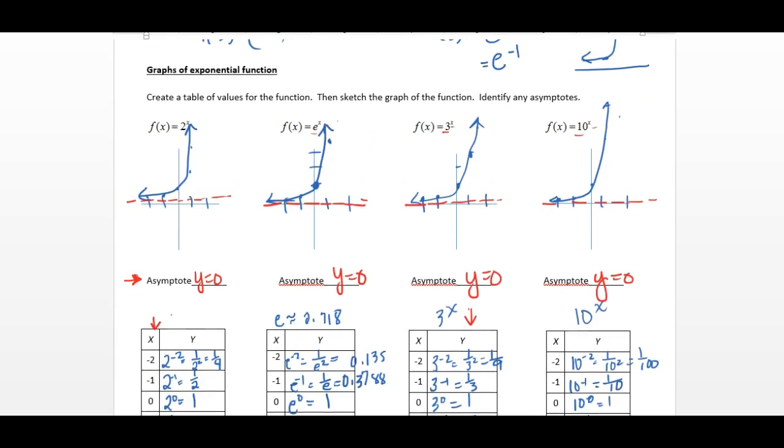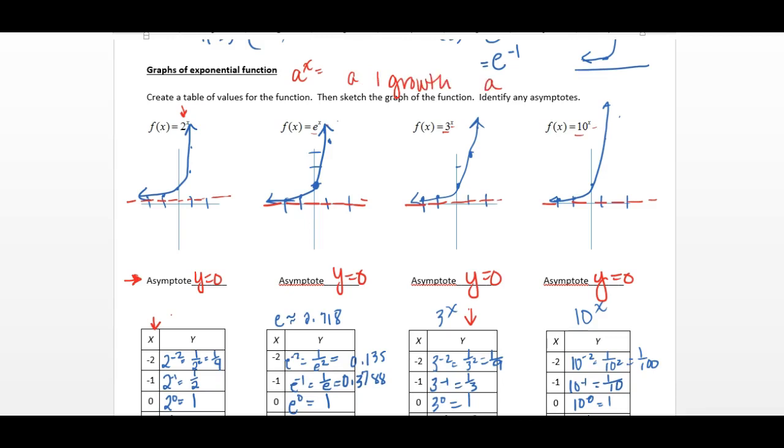What I want you to notice is that the base, whatever the value of the base is, if the base is greater than 1, then it is considered a growth function. So if a is greater than 1, it's considered a growth function.